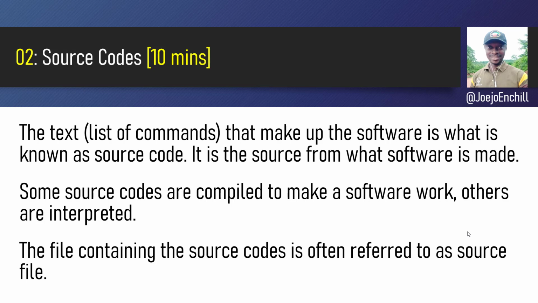In our previous lesson, we made mention of programming languages. We said that the computer has a specific language it understands. Humans, we also have our languages that we understand. These two languages are different from each other.